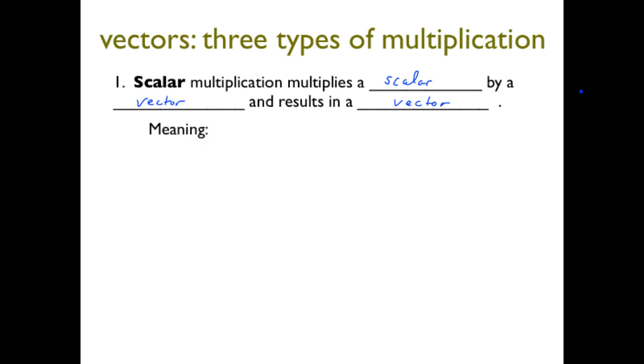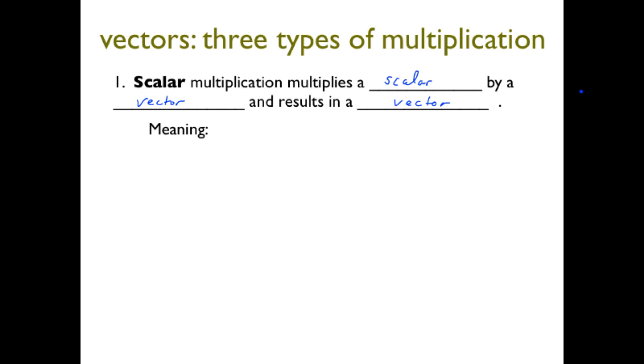So what's the meaning behind this? When you take a scalar times a vector, this new vector is what? What kind of thing do you get? You get a vector of just a larger magnitude. It's proportional to whatever you multiply by. Other ways to say it? Scaling a vector. Yeah, it's exactly scaling.